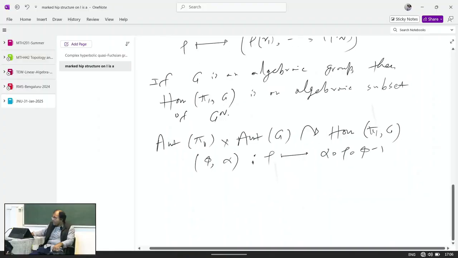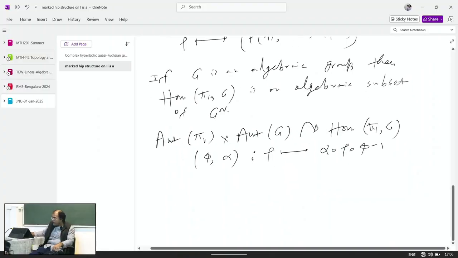In particular, if you take phi to be the identity, then you have a nice quotient.